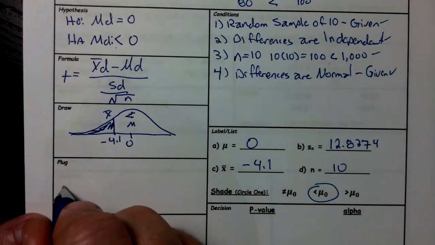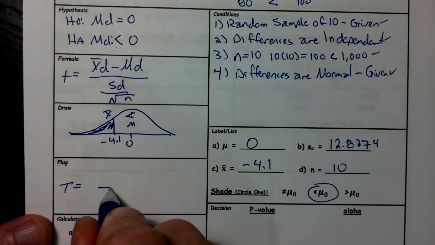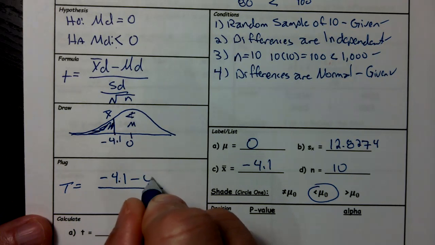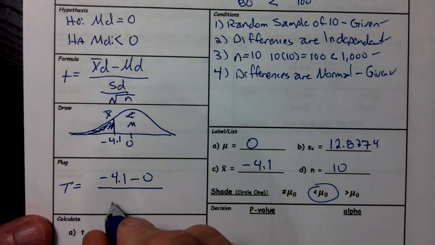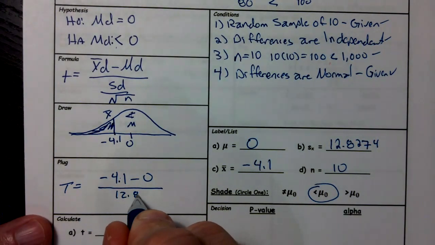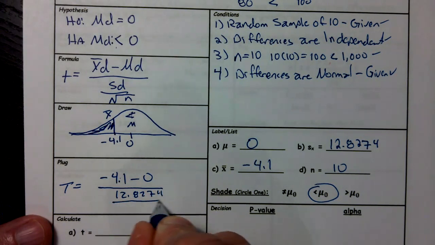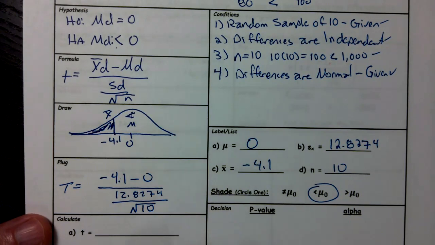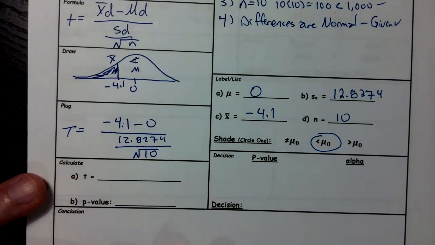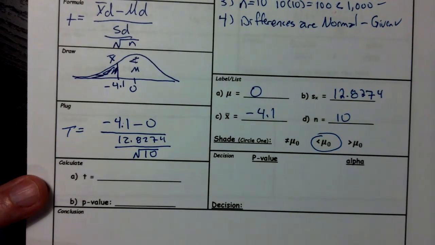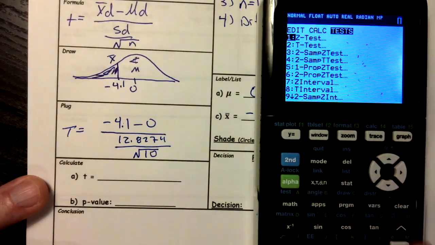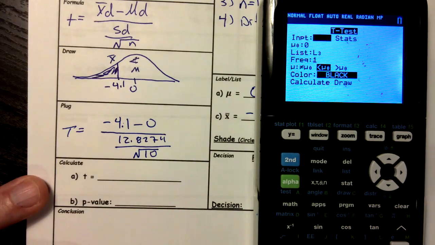And so my formula is going to be T equals negative 4.1 minus 0, over 12.8274 over the square root of 10. All right, let's go ahead and calculate this. Well, I need to go to stat test. It's just going to be a t-test.